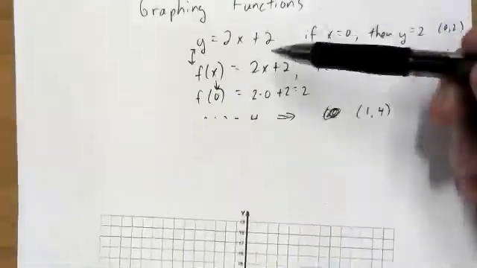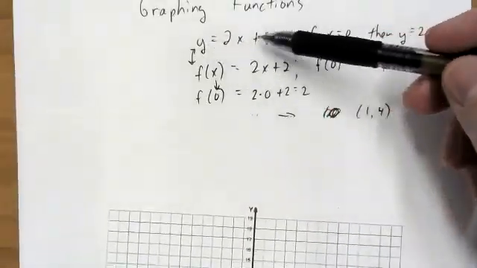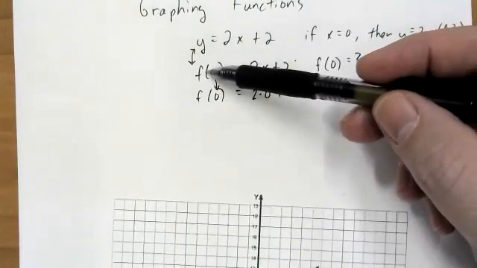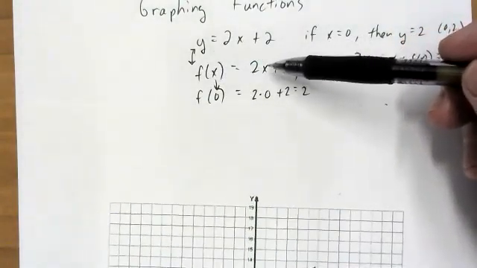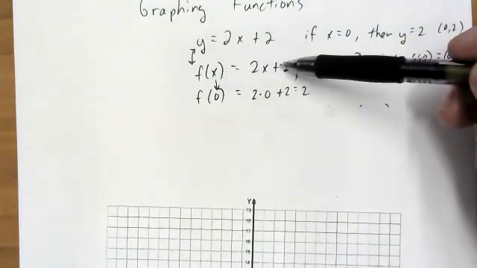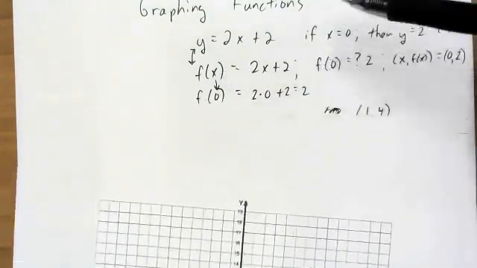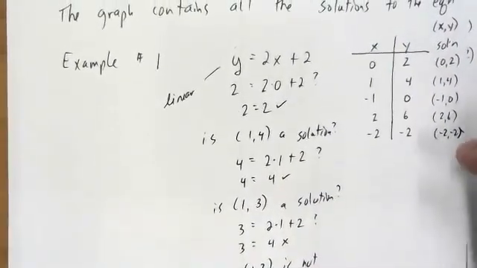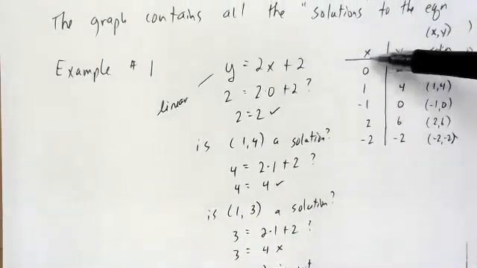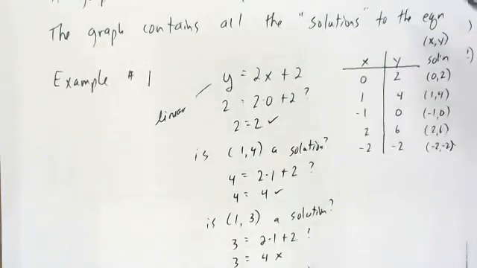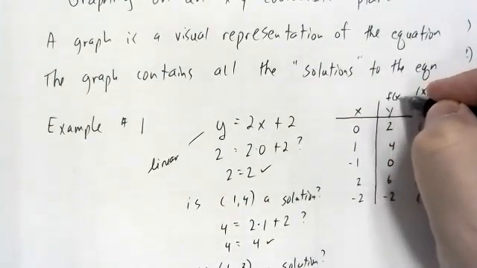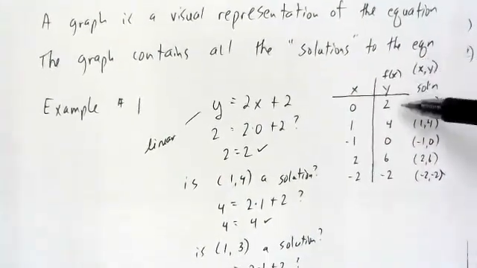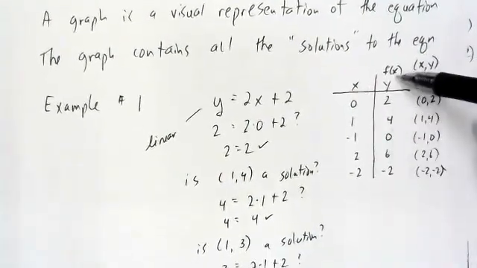If I had been given this written as a function, and they said, please graph the function, in a sense I would also create a data table where I would choose some x's, but instead of y, I would call this column f of x.